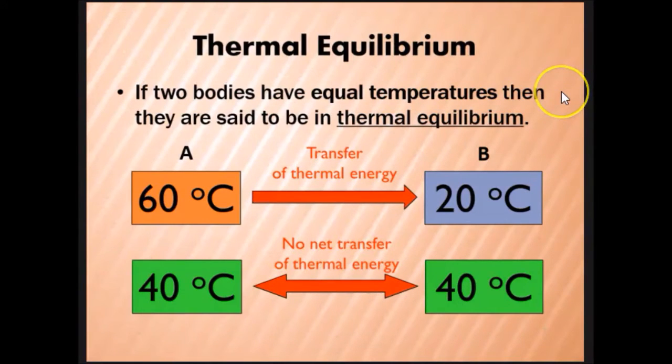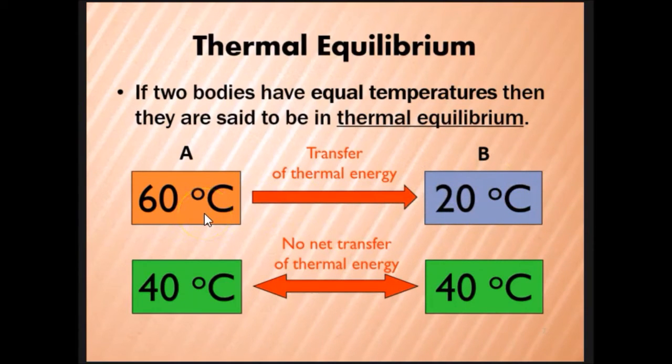Right, perhaps the example of tea and ice may be a little bit confusing, so let us revisit thermal equilibrium again. Now, I would like you to imagine that there are 2 solid objects placed side by side. Of course, this diagram does not seem to show that, but imagine that both object A and B are touching each other and placed side by side. Now, let's say object A is at 60 degrees Celsius, while object B is at 20 degrees Celsius.